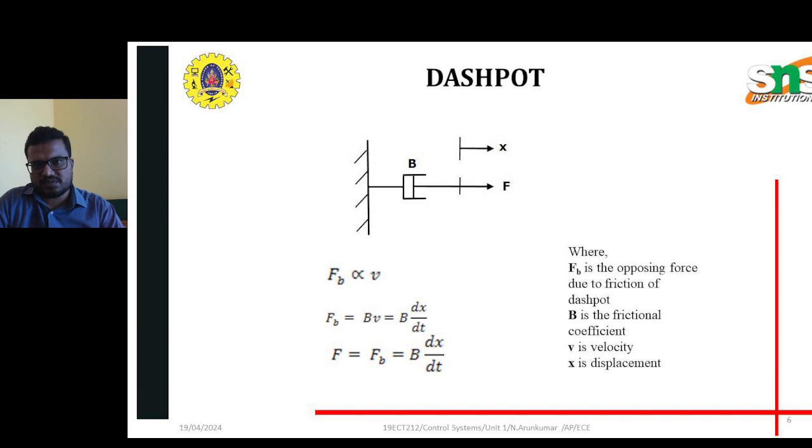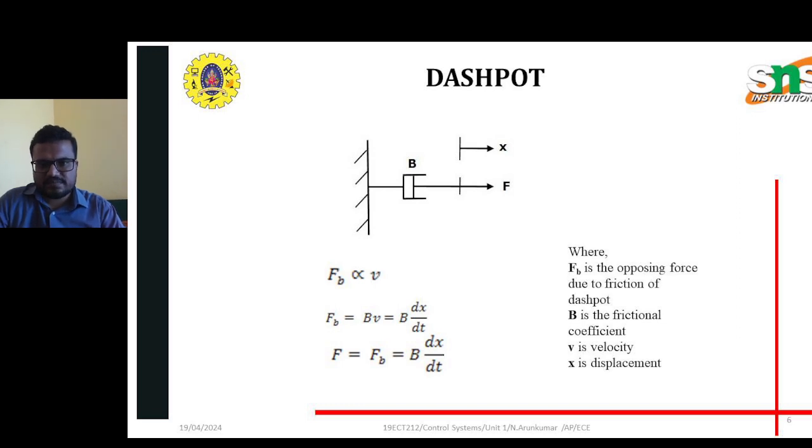And next one is dashpot. The movement of the object can be calculated using the dashpot. So the dashpot force Fb is directly proportional to velocity. Here Fb is the opposing force due to the friction of the dashpot, B is the frictional coefficient, v is the velocity, and x is the displacement.